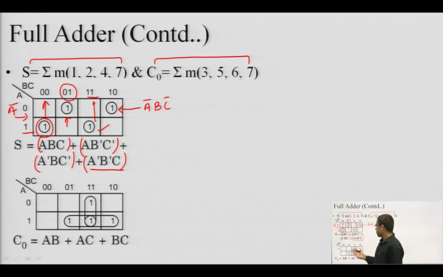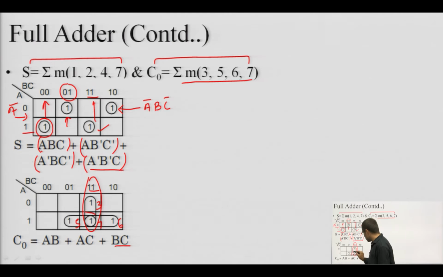Similarly, we can prepare the K map for the C naught using this set of min terms 3, 5, 6, 7. So, this is my third min term, this is fifth, this is sixth and this is seventh. So, another K map is being prepared, and from that we can see that now there are 3 pairs which are being generated, and when we translate these pairs into expressions, we can easily see that 1 1 1 1 corresponds to B C. So, B C is there.